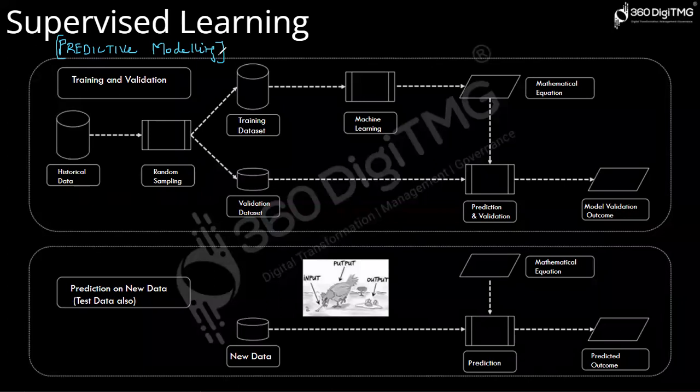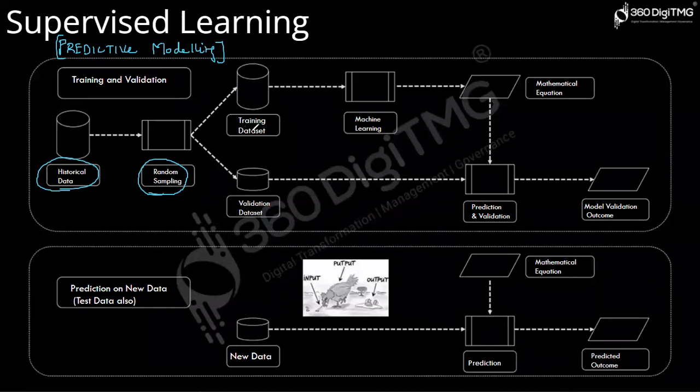Here I am going to have a training and validation data set. Basically we have the historical data. From this historical data, we are going to take a random sample, and we will be working on it.